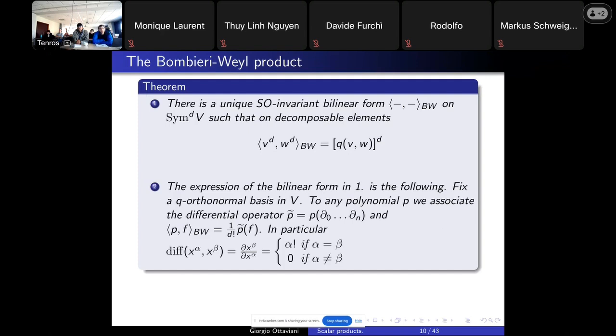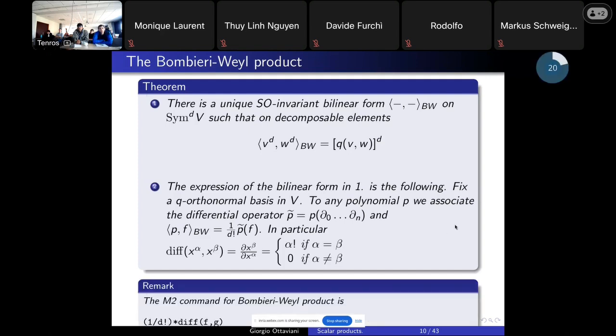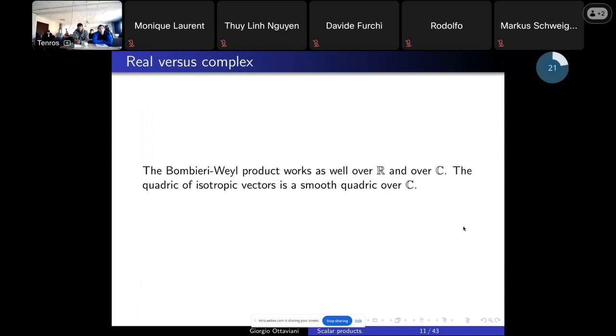And now maybe the exercise is a bit complicated. This is what I just said about Macaulay2. This also answers a bit your question.